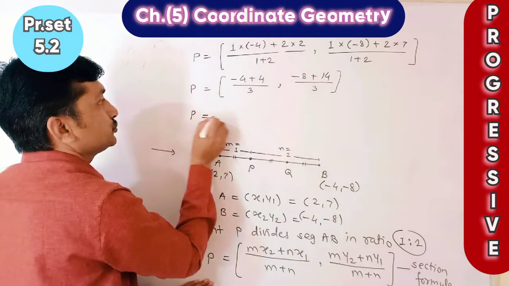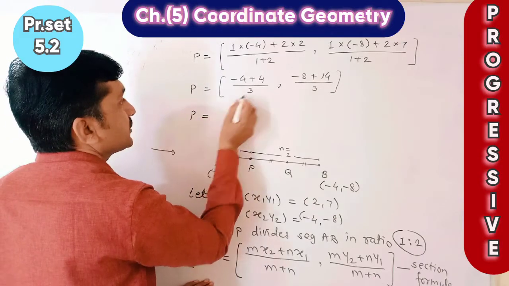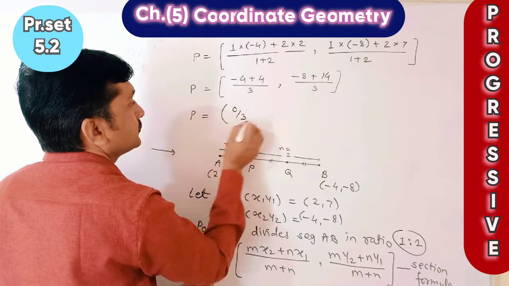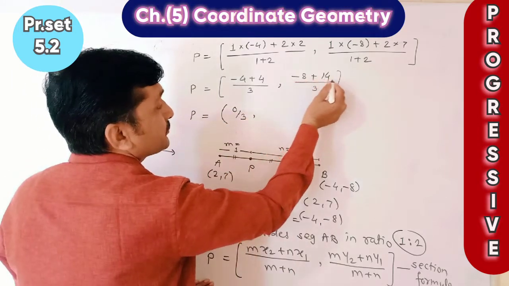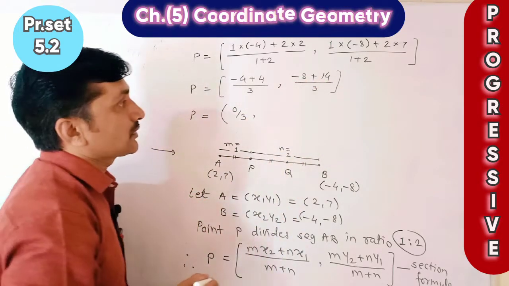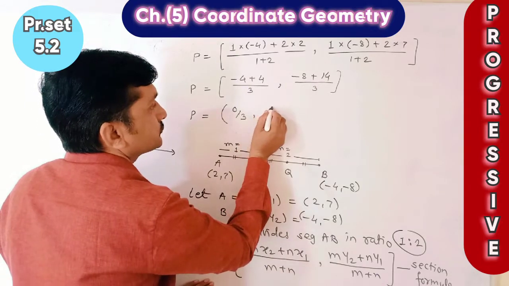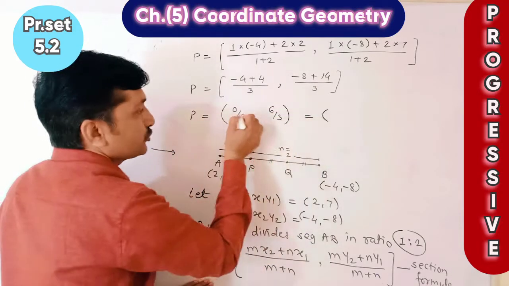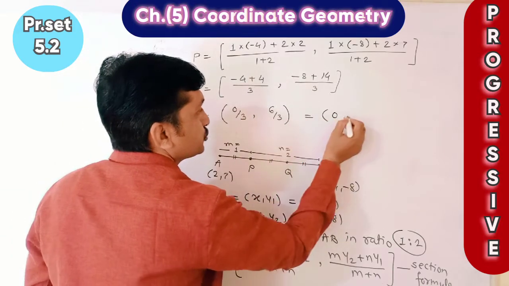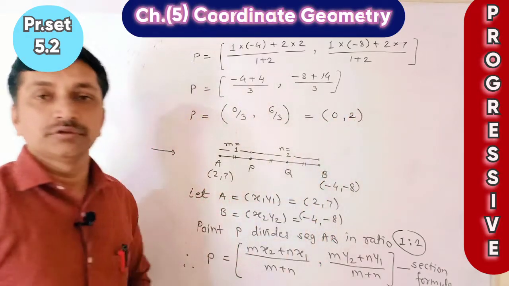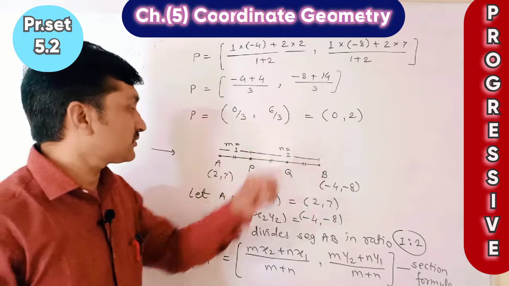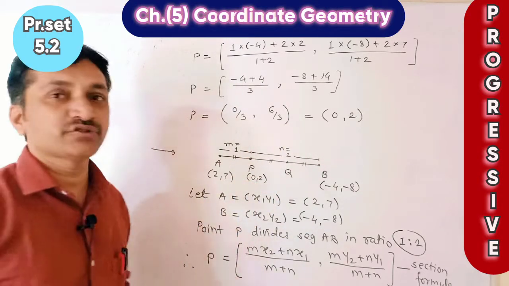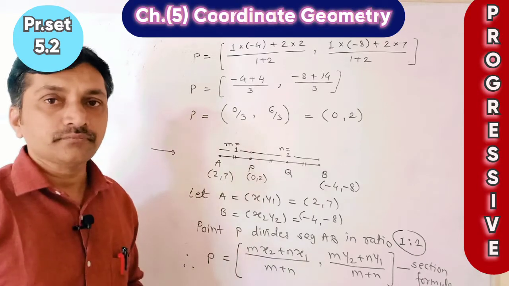So P is equal to (-4 plus 4, that is 0, upon 3), and (-8 plus 14, that is 6, upon 3). Reducing, 0 upon 3 is 0 and 6 upon 3 is 2. The coordinates of point P are (0, 2). We got the coordinates of point P.